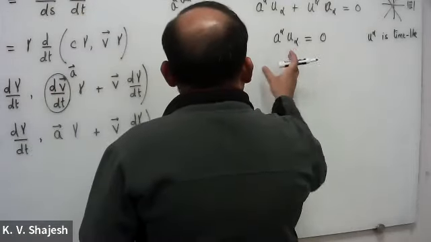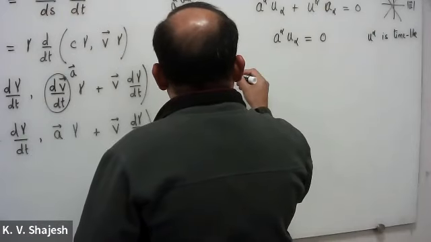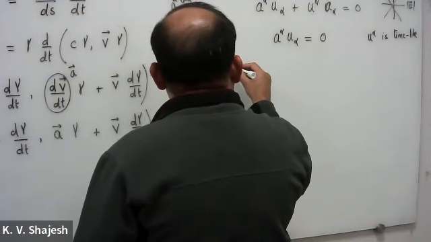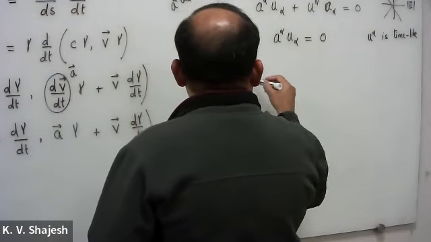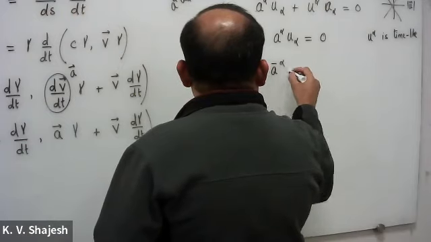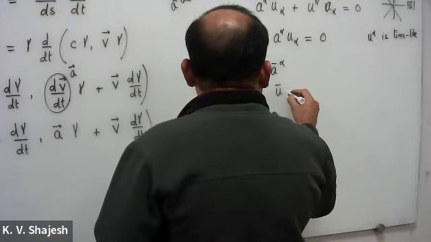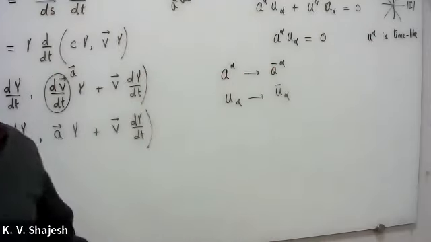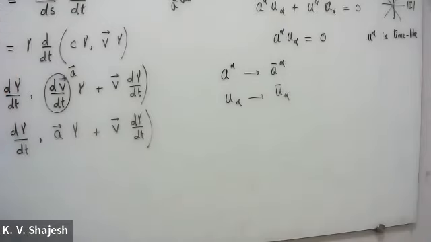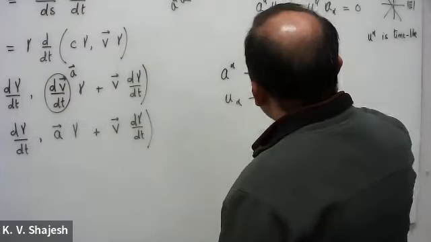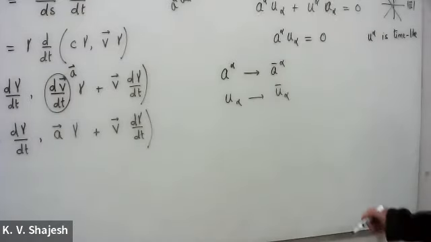If this is an invariant quantity, if I change my frame, a alpha will become a bar alpha, and u alpha will become u bar alpha, or for that matter, covariant, contravariant components, all of them become transformed into that, right? The invariant structure remains the same.